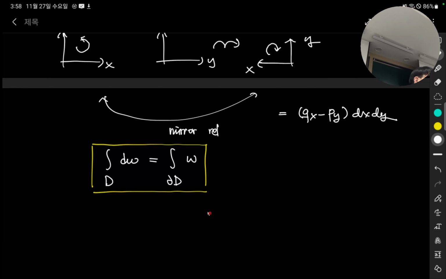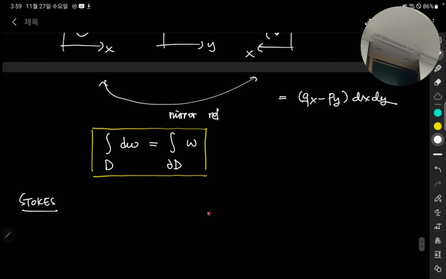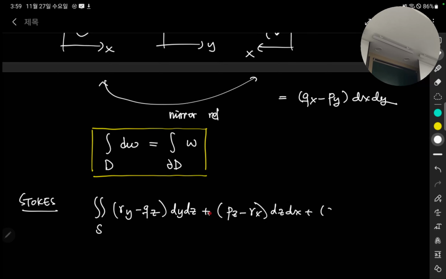Okay, well, let's generalize it to the Stokes theorem. So here we have the Stokes theorem given in the following way. We have a surface integration of the curl, which is (Ry minus Qz) dy dz plus (Pz minus Rx) dz dx plus (Qx minus Py) dx dy.